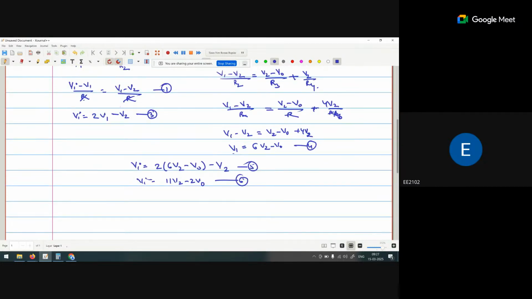Now we have to calculate V0 upon Vi. So Vi is equal to 2 V1 minus V2. Now what can we do? Vi is equal to 11 V2 minus 2 V0.